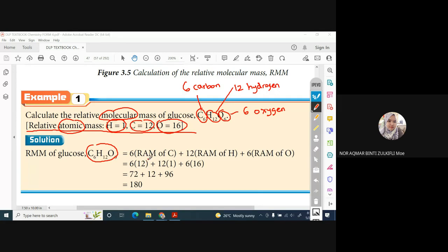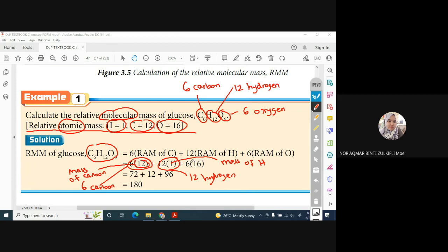Alright, so just substitute. 6 here means 6 carbon, and 12 means the mass of carbon. Same here, 12 hydrogen, and 1 here is the mass of hydrogen.